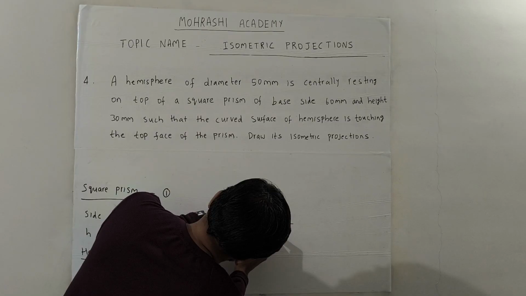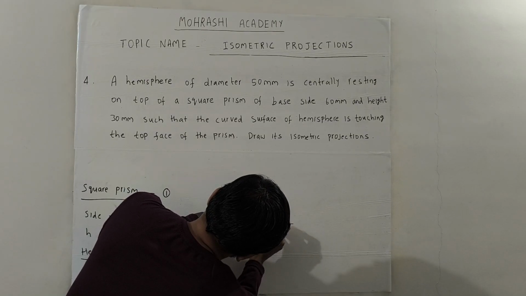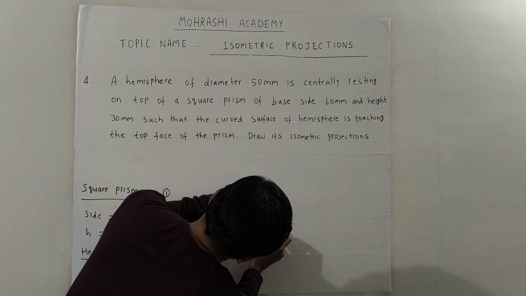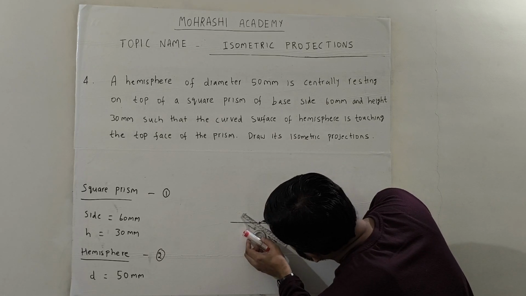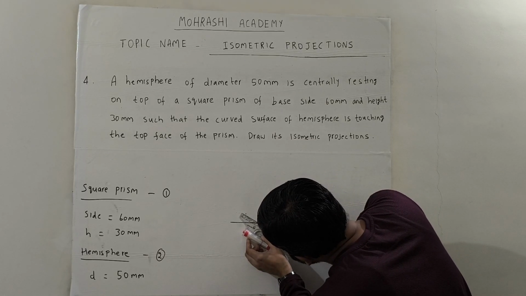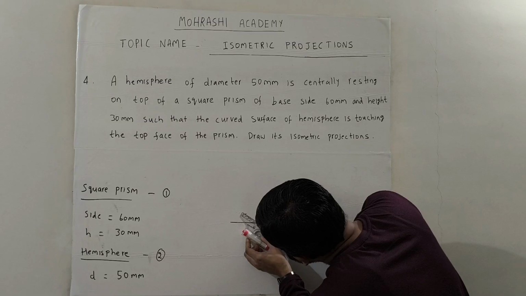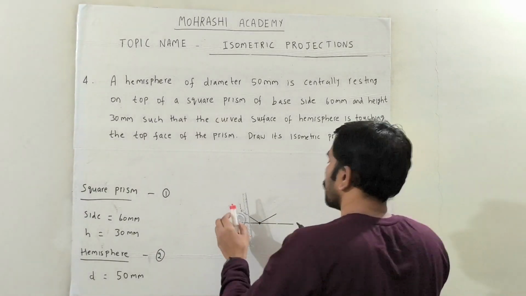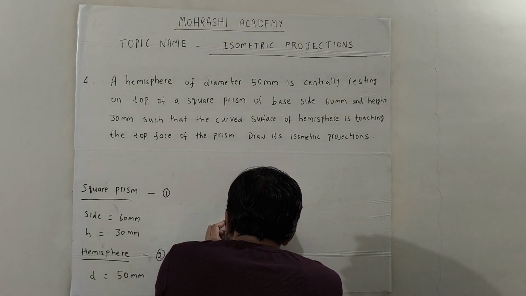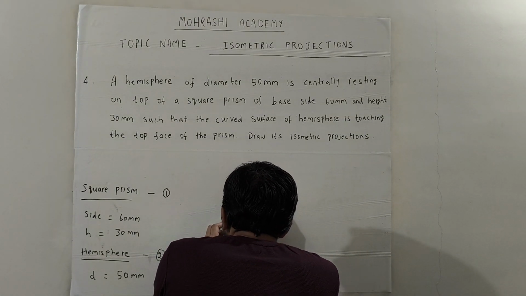From here 6 centimeter. Again from here also 6 centimeter. Height 30 mm. From here 90 degree, 30 mm.